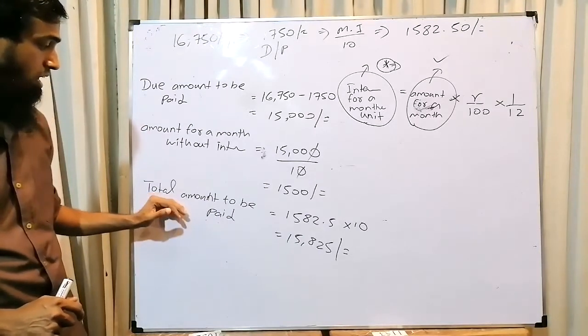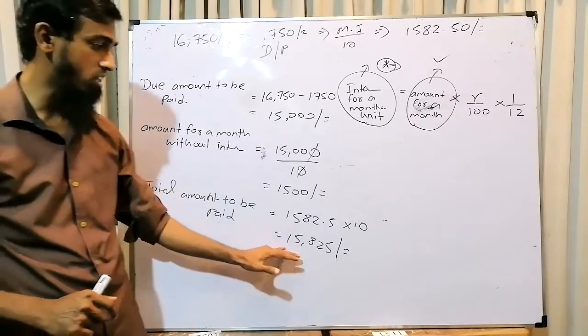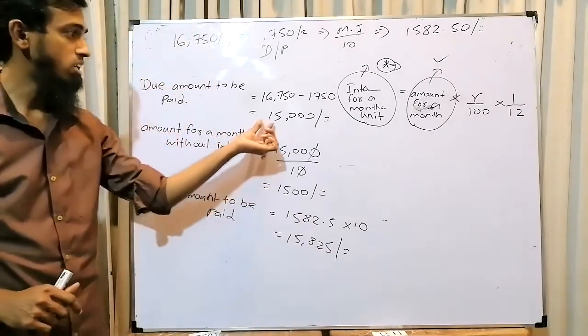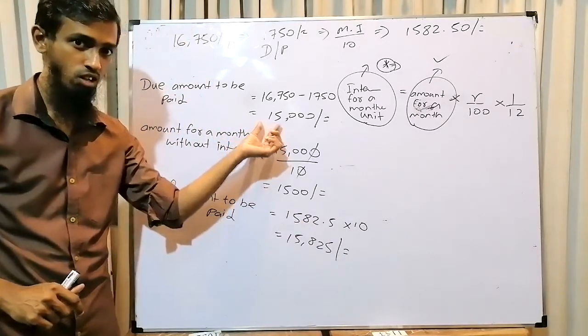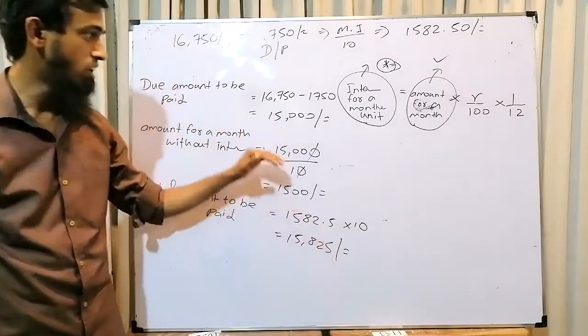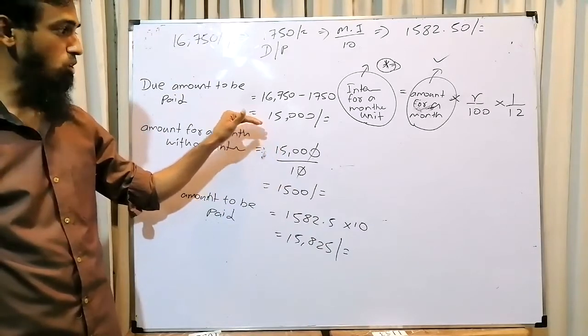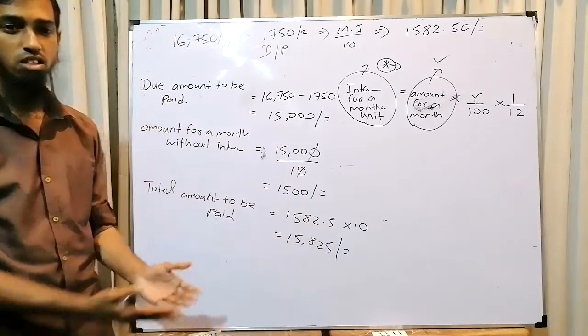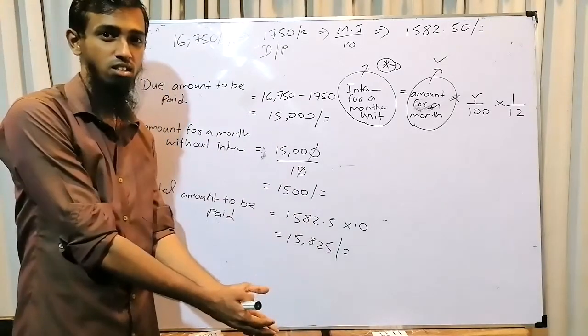You need to pay a total amount of 15,825, but the due amount is only 15,000. So why the excess amount? The excess amount is the interest.